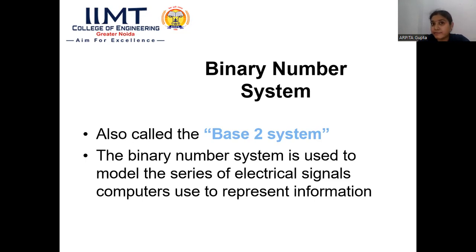If we talk about 7, which is a decimal number, and convert it into binary, we can write 111. Unlike the decimal number system where we use the digits 0 to 9 to represent a number, in a binary system we always use only two digits, that is 0 and 1. 0 and 1 are digits, or we can say bits.